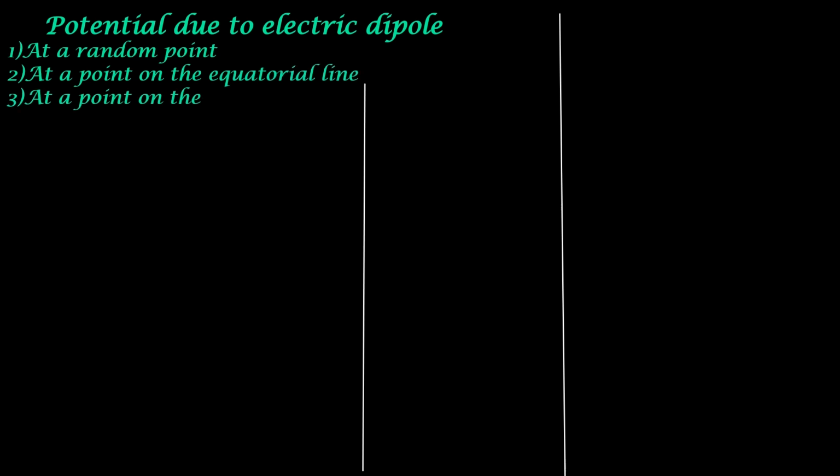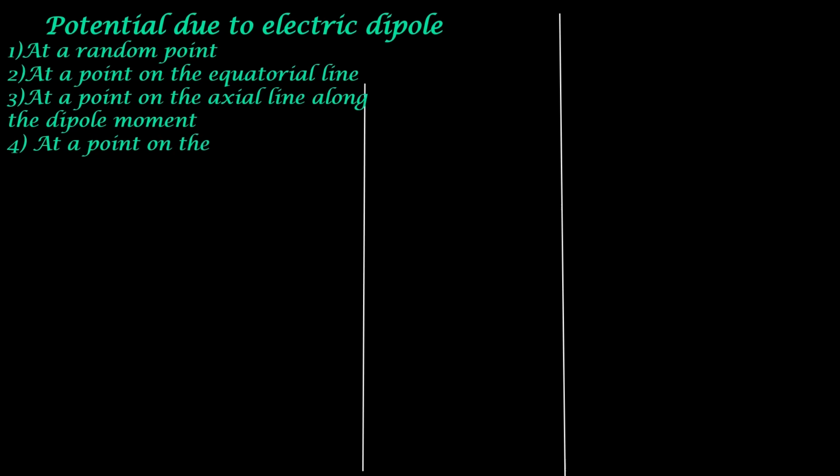Third one, at a point on the axial line along the dipole moment. Fourth one, at a point on the axial line against the dipole moment. We will derive an equation for electrostatic potential due to an electric dipole at any point, that is at a random point. Then apply that to the other 3 positions.